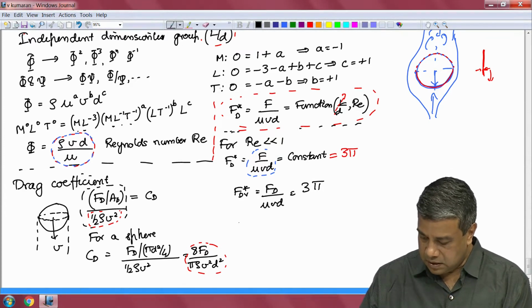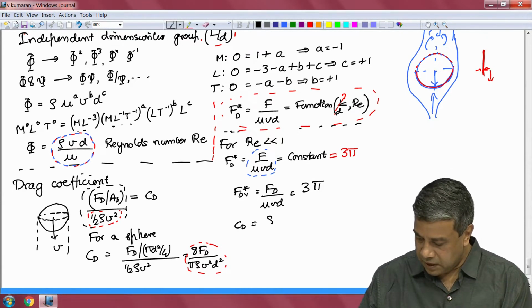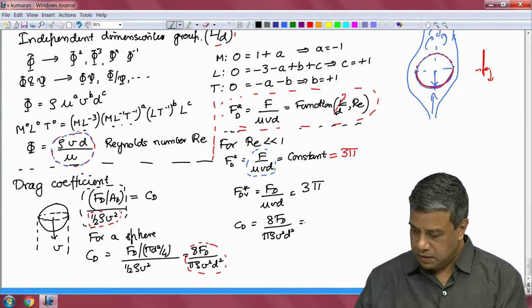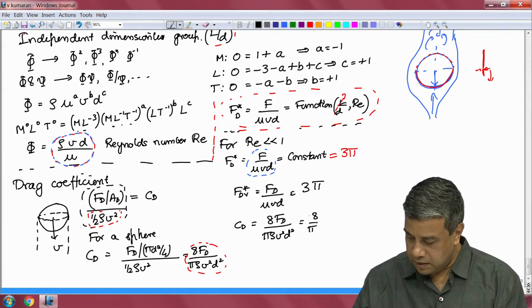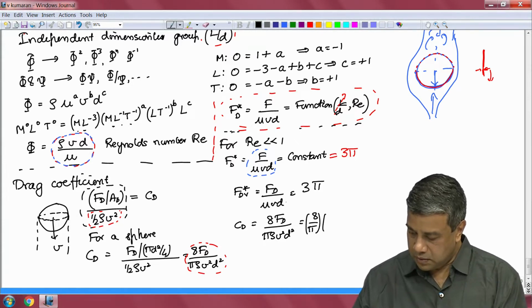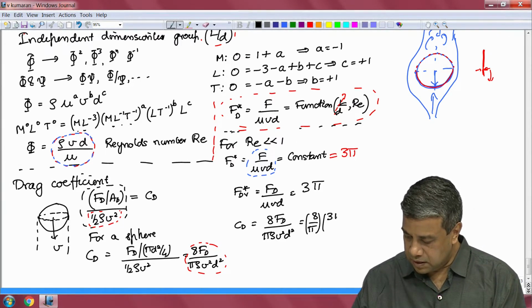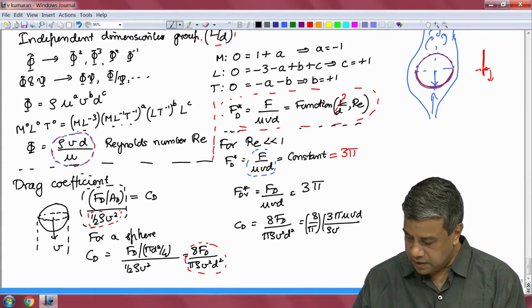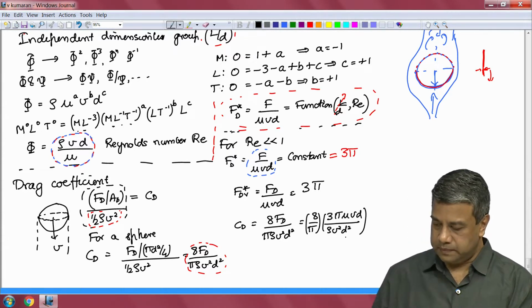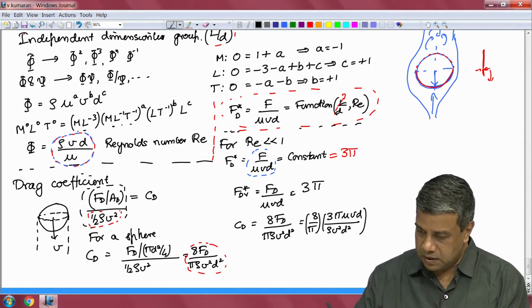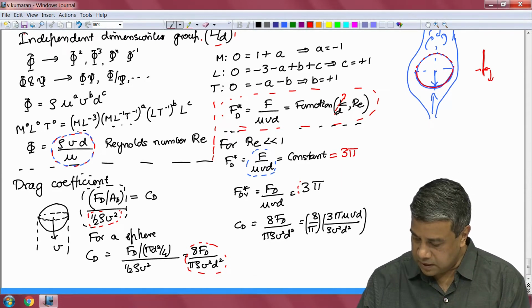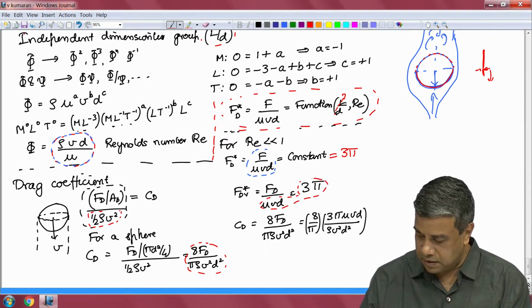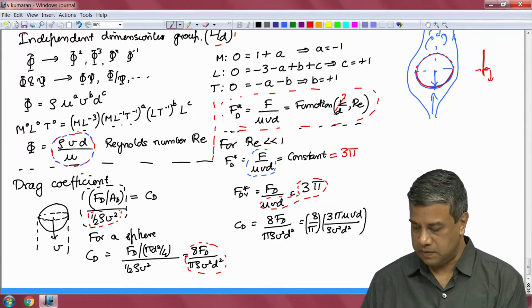The drag coefficient is equal to 8 F d by pi rho v square d square, which will be 8 by pi into F d, in this case 3 pi mu v d, by rho v square d square. I just substituted that the drag force is equal to 3 pi mu v d in the limit of low Reynolds number.